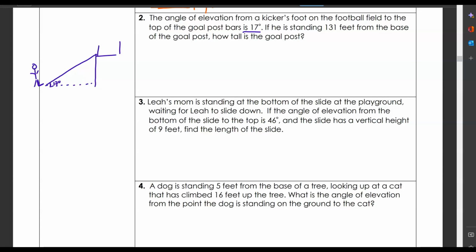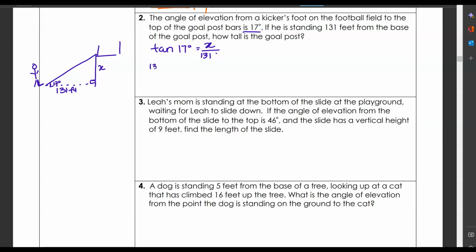Okay. And so let's see what else. If he is standing 131 feet from the base of the goalpost, how tall is the goalpost? So here we know that he is 131 feet away. Right. So this is our right triangle here. Let's go ahead and calculate this. I am trying to figure out what is the height of the goalpost. So we're looking for this x value here. The best one in this case would be a tangent. So we take tangent of that 17 degrees is equal to x over 131.